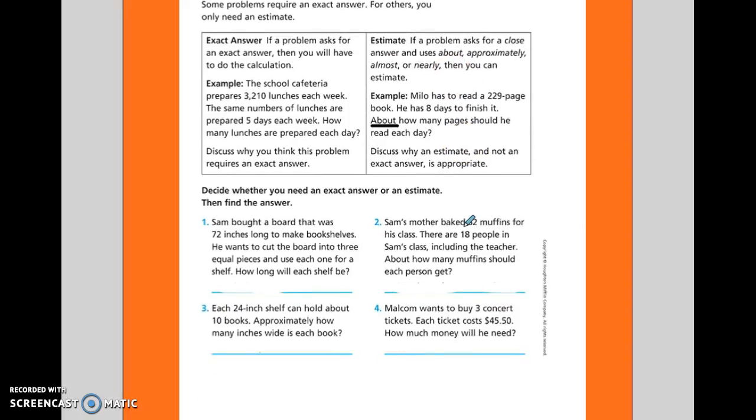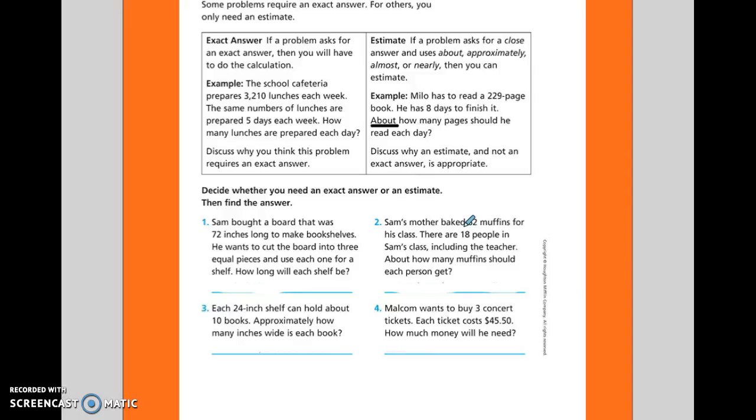So I want us to go ahead and read these problems below, and I'm going to have you choose if you think it's an exact type of answer or an estimating type of answer. You don't have to solve it, I just want to know if it's exact or estimating. So here's the first one. Sam bought a board that was 72 inches long to make a bookshelf. He wants to cut the board into 3 equal pieces and use one for a shelf.